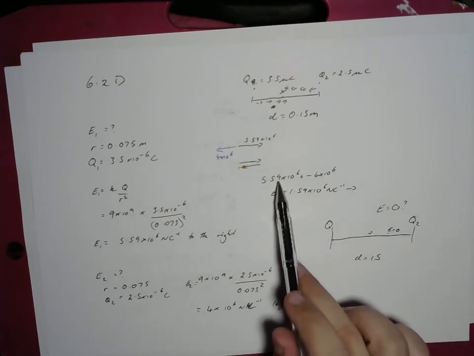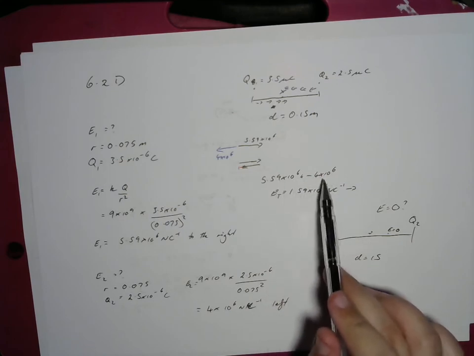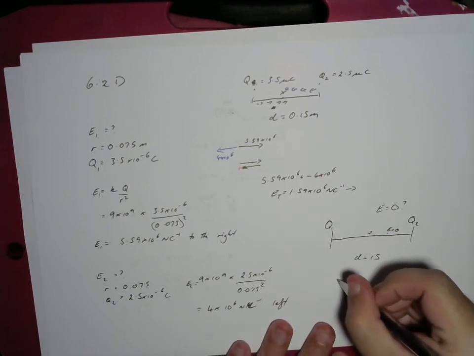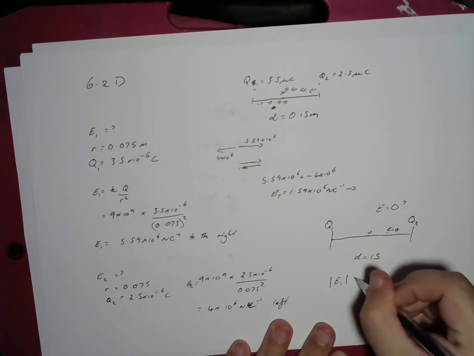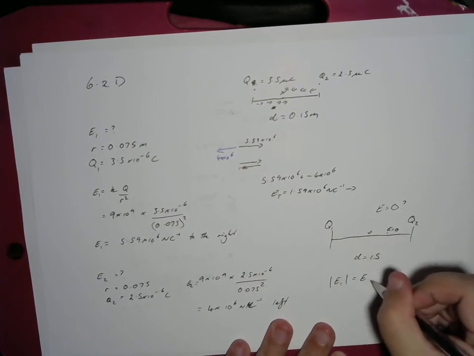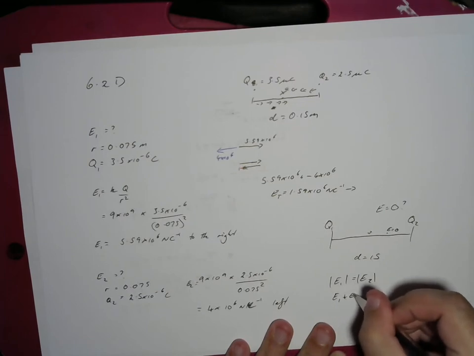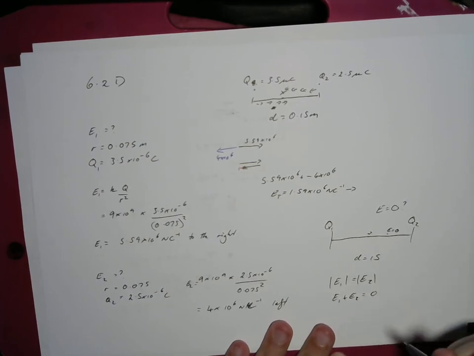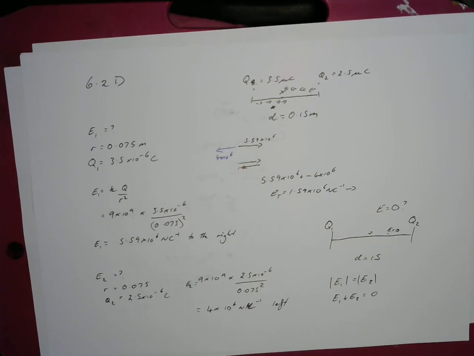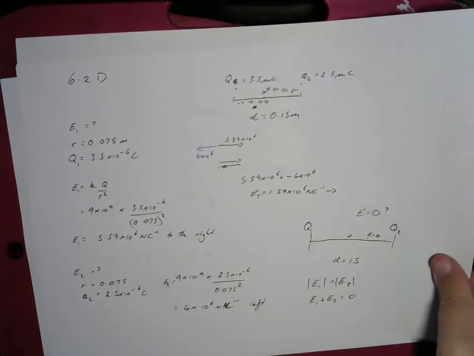As we just saw, if we wanted to make E equal 0, these two numbers would have to have the same size. The magnitude of E1 equals the magnitude of E2, or E1 plus E2 must equal 0. That's what we've got to figure out.